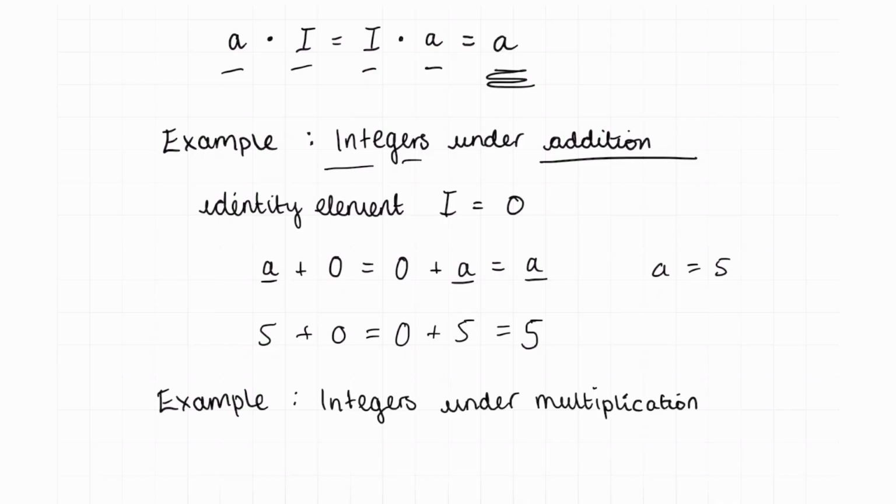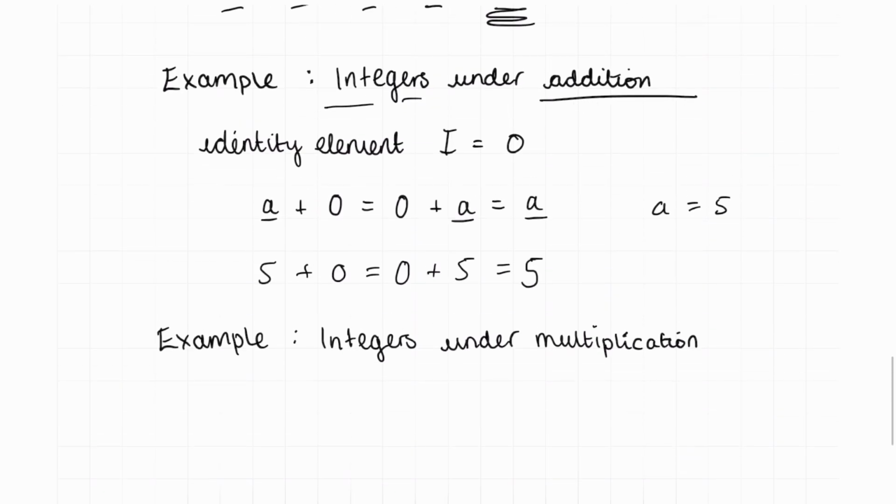Now, I encourage you to pause this video and think of what the element could possibly be, which when applied to any integer with multiplication will yield that element itself. So the answer for this is, of course, number 1.